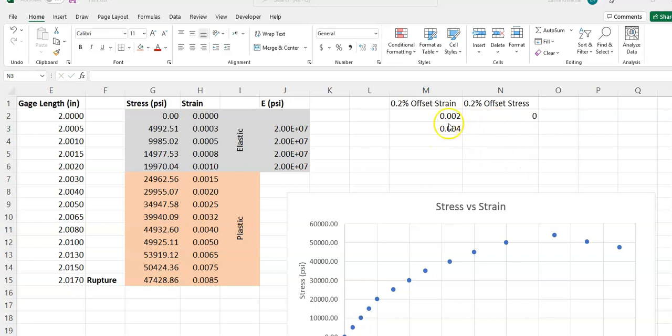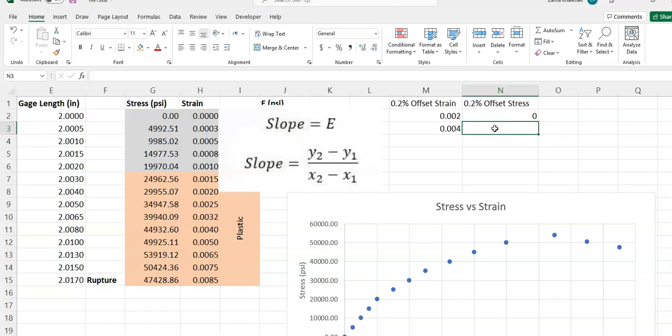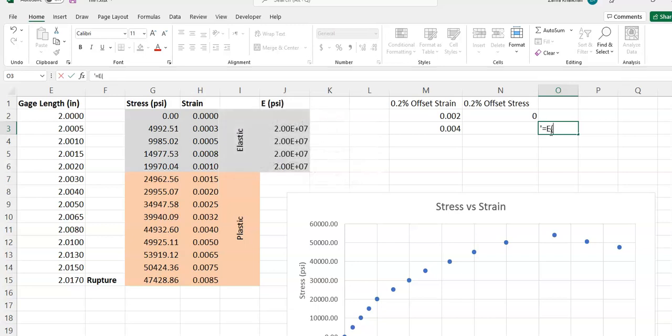Now remember that the straight line that connects these 2 points has the same slope as the elastic modulus that we obtained here. So if I want to find the y coordinate of this point, it would follow this equation. I would put a single quotation mark here to consider this as text, not as an equation. So elastic modulus times x2 minus x1.